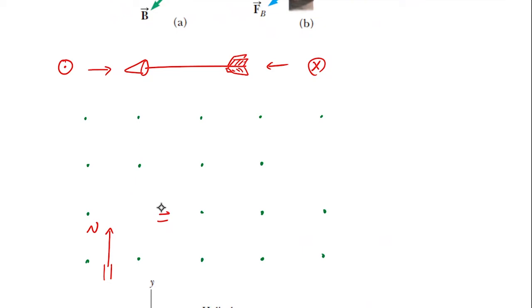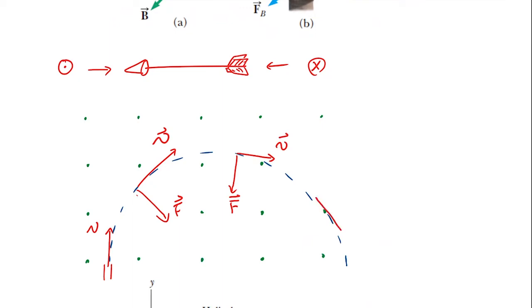So the path of this particle will be semicircular like that. Right? So at any given point, if this is a velocity, this is a force. And if this is a velocity right there, then the force is this way.